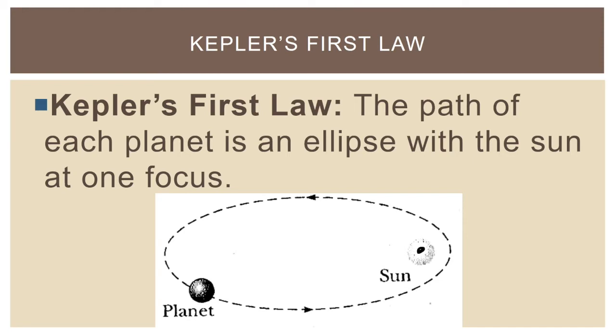That's pretty much it. Now, of course, this whole point here, like the path of each planet is an ellipse, is usually where people stop reading. But this point about the sun being at one focus is an important thing to understand. And so, obviously, the question is, unless you all remember that from geometry, what is the significance of the focus of an ellipse?